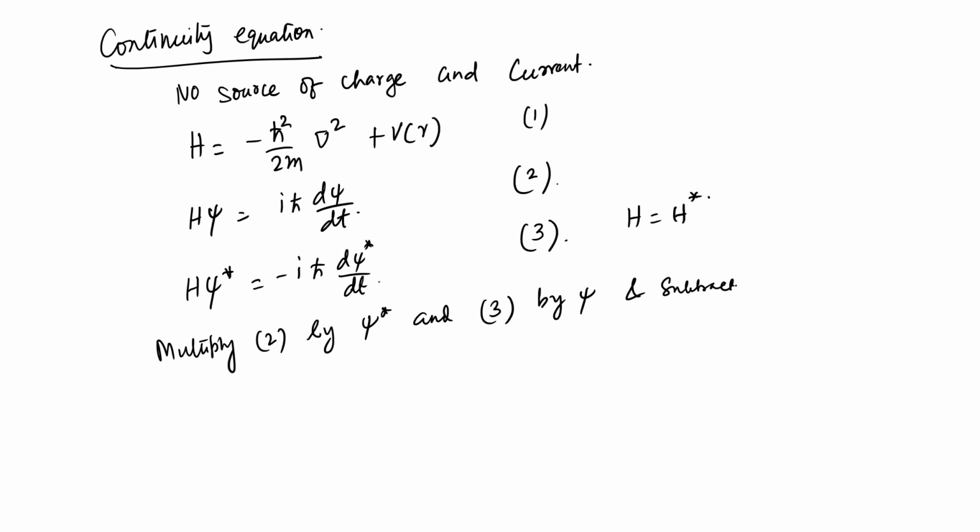And if you do that, then you have psi star H psi minus psi H psi star, which is equal to i h cross psi star d psi dt plus i h cross psi d psi star dt.